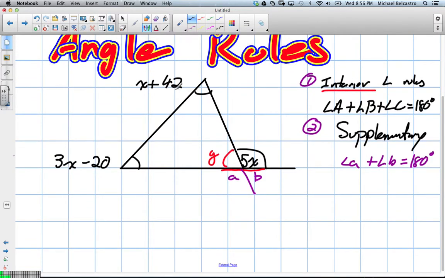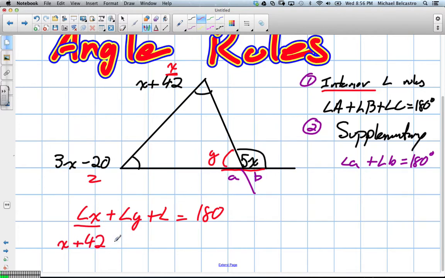So, according to interior angle rules, let's call the angles X, Y, and Z. We know that angle X plus angle Y plus angle Z equals 180, right? And we can replace angle X with x plus 42. Angle Y is still unknown, so we'll call it Y. And angle Z is 3x minus 20, and it is all equal to 180.